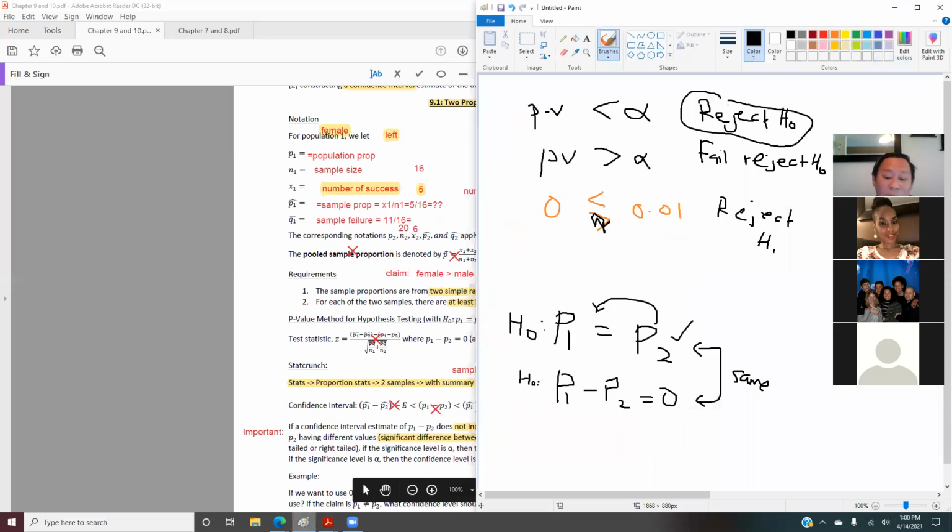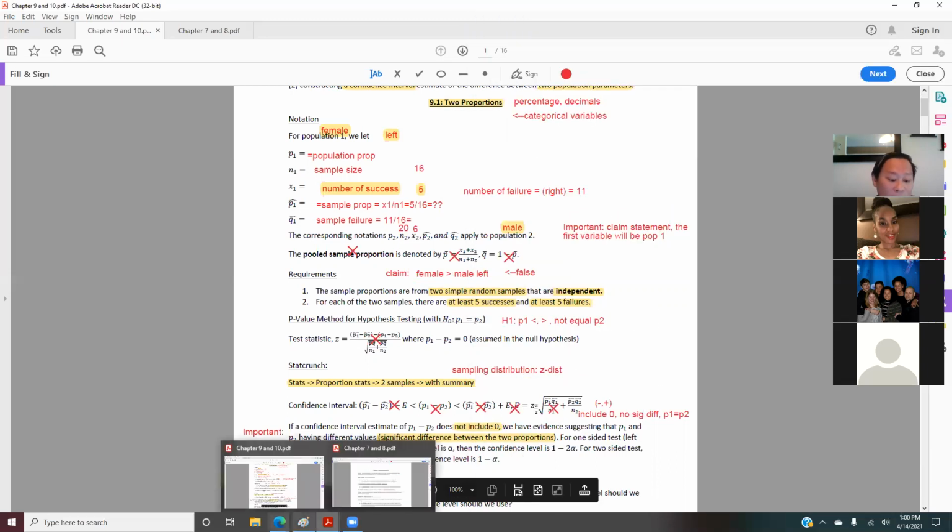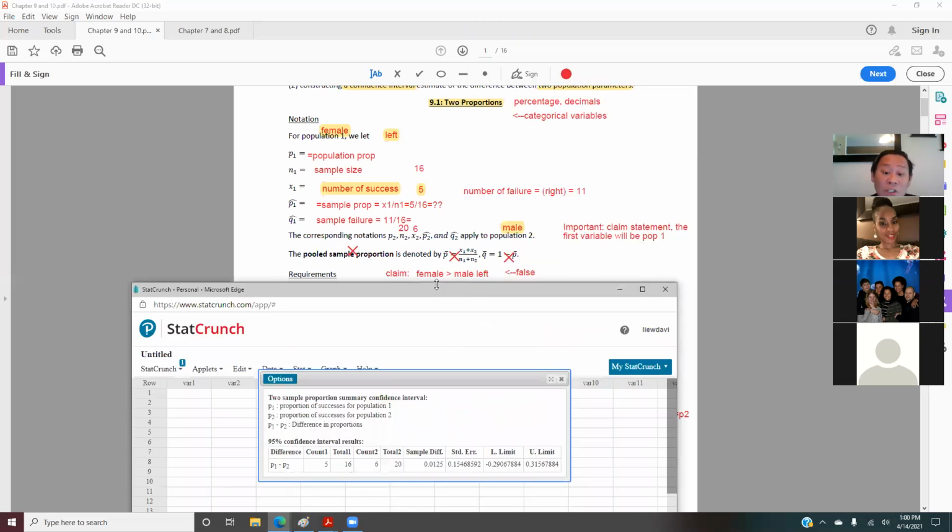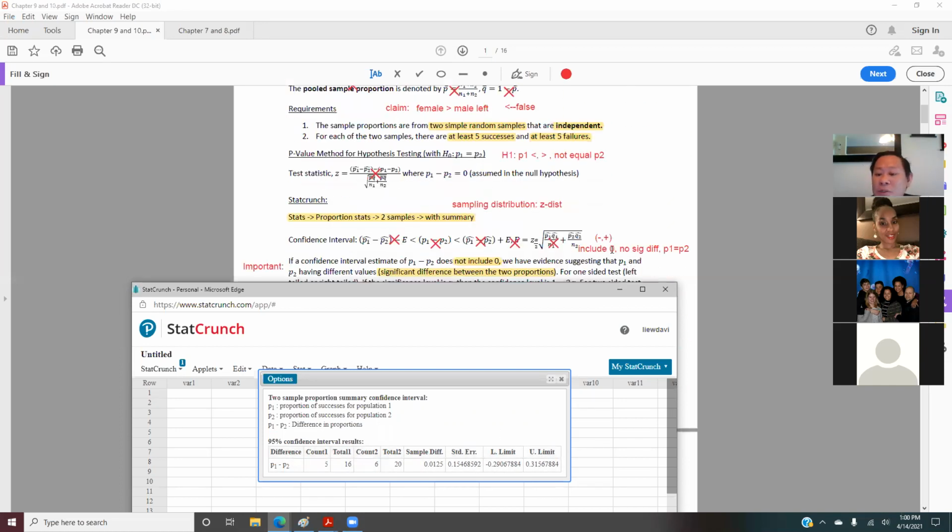And how can I tell it's false? By looking at my StatCrunch. I can do just my limits, and the reason why is because the lower and the upper in this case has 0. So that's why we will conclude P1 equals P2.